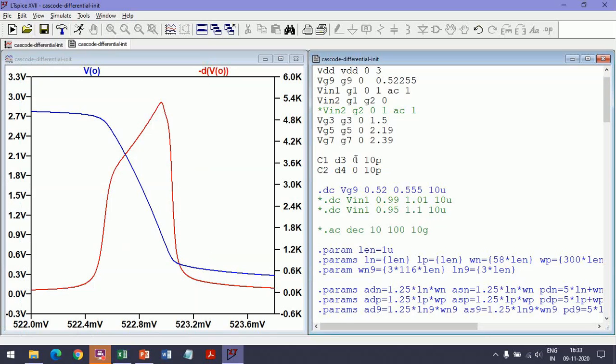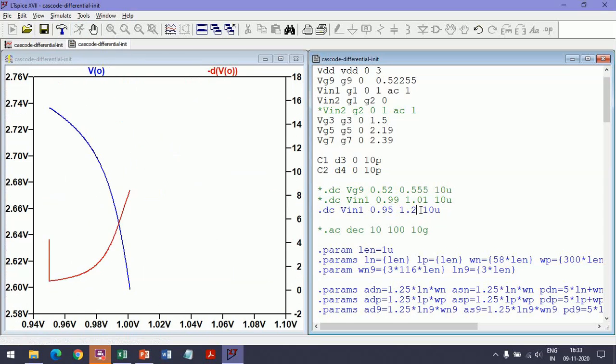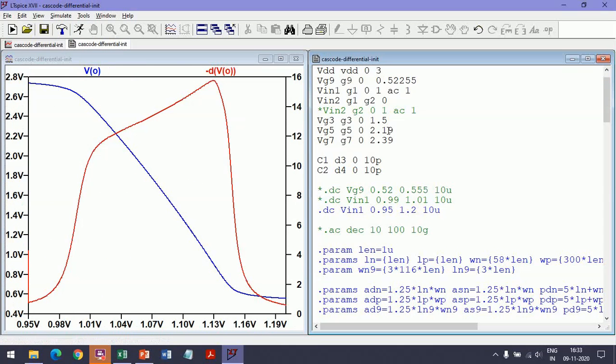With this, let us find the common mode gain. So we'll again simulate with a common mode voltage applied. G1, G2 are shorted, and we'll sweep Vin1 and find the output voltage and the gain. Maybe we need to apply a higher range to make sure that we see the highest.